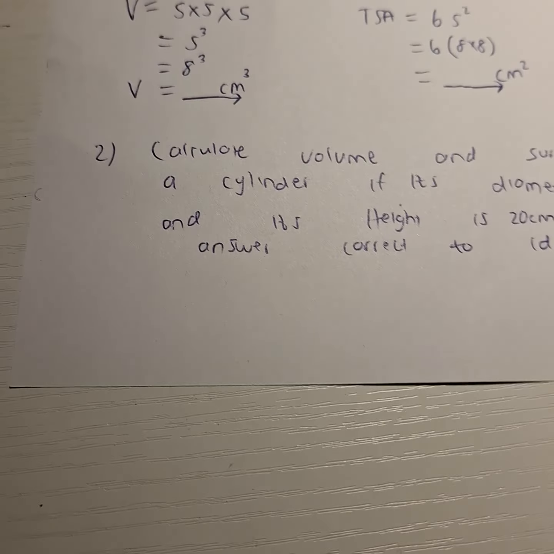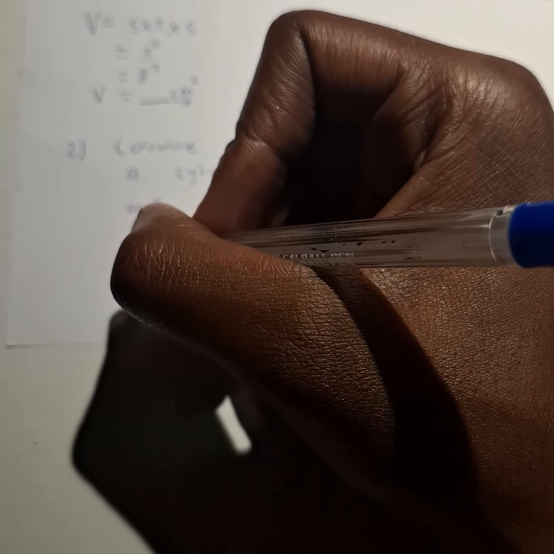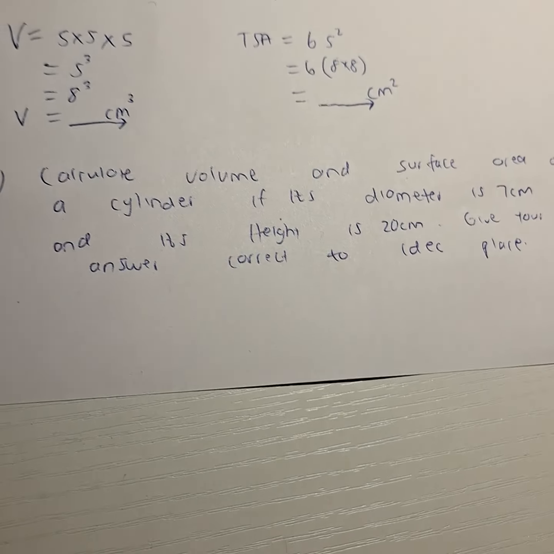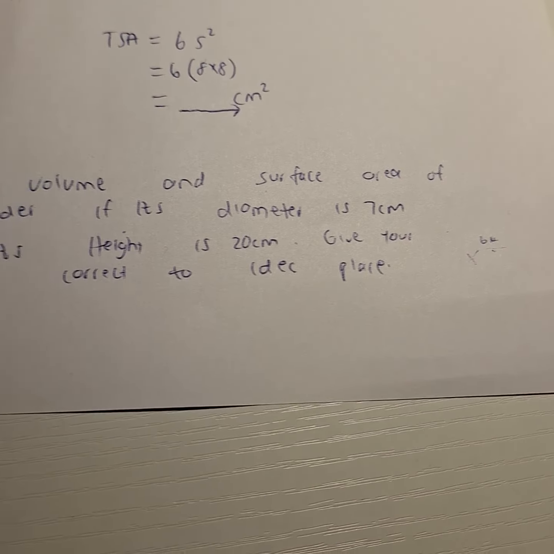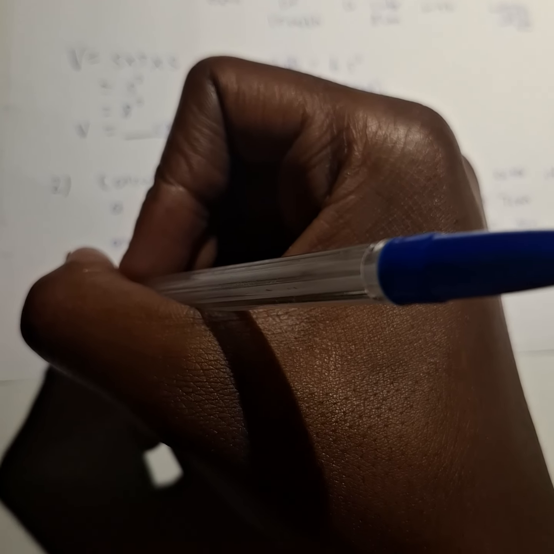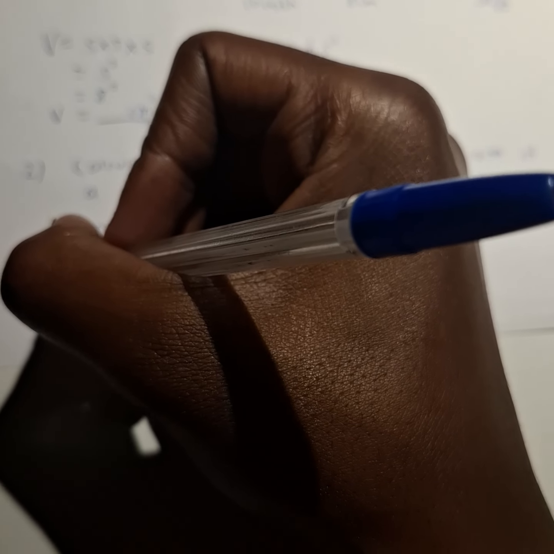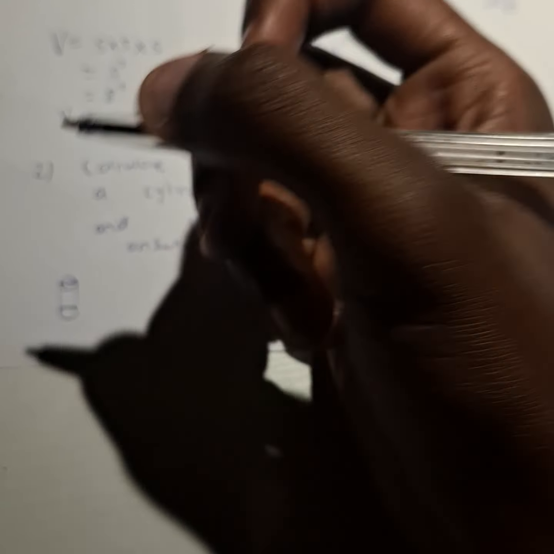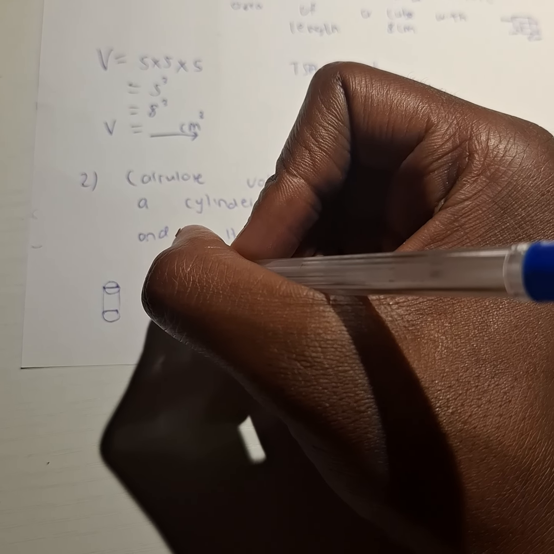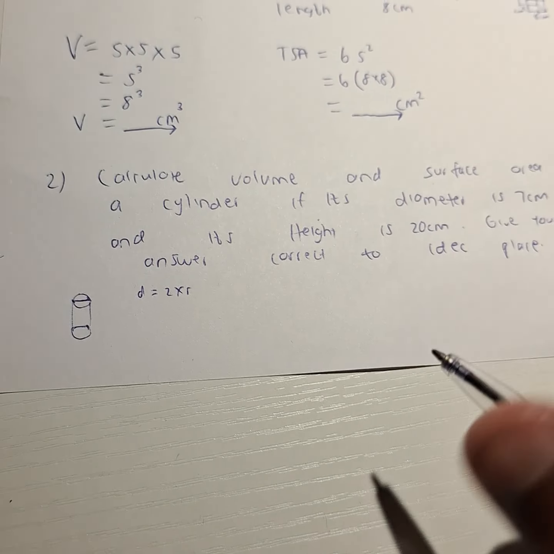Okay, so once again, this is a cylinder. We are told that its diameter, now very important here, is 7 centimeters. If the diameter is 7 centimeters, then diameter is equal to 2 times the radius.